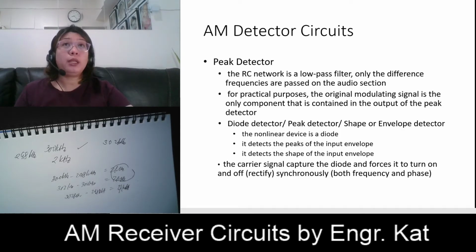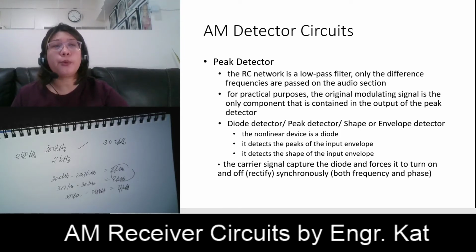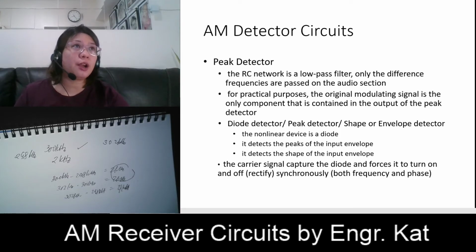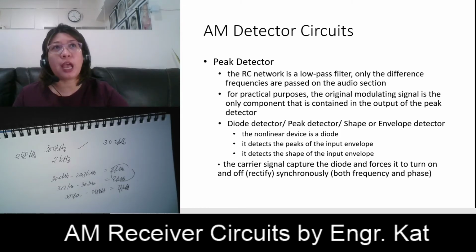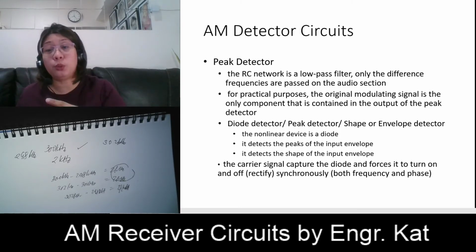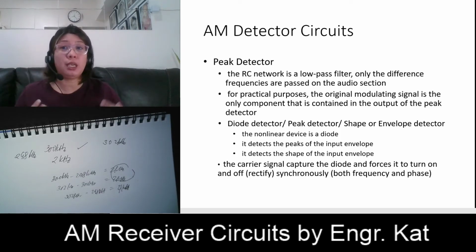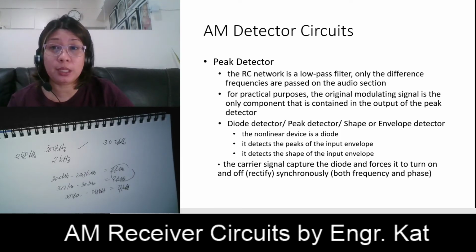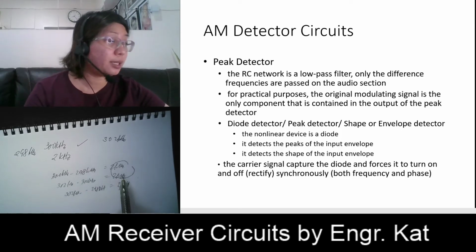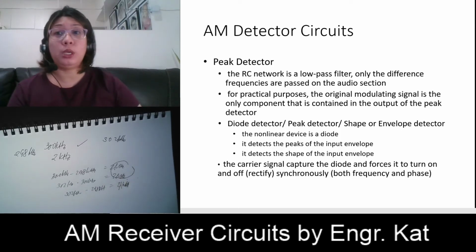Okay, so what does your peak detector do? Because the relative amplitude characteristics of the upper and the lower side frequencies and the carrier difference are the same, we can choose either the upper or the lower. In this case, we are choosing the lower frequencies, where we get the differences, which is equivalent to 2 kilohertz.